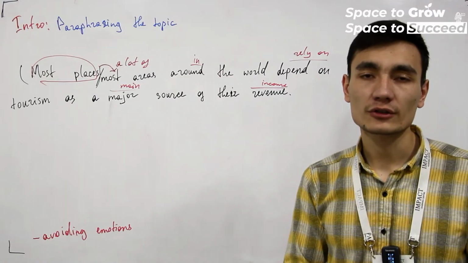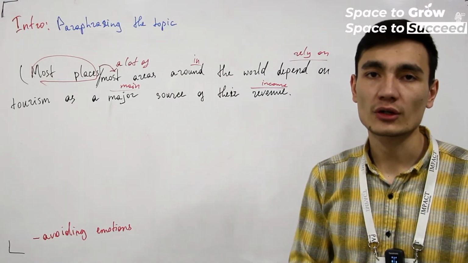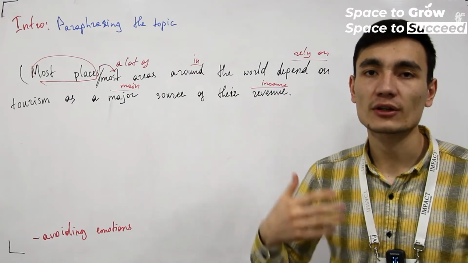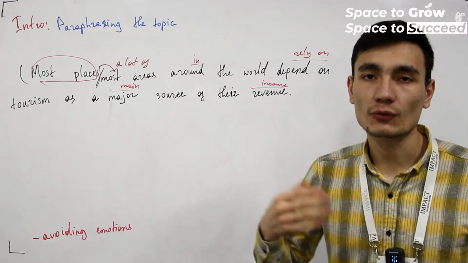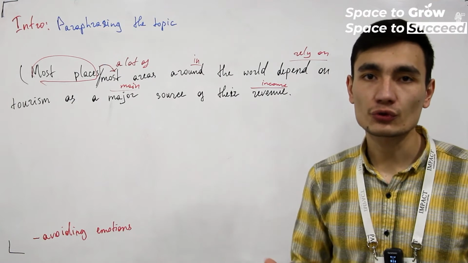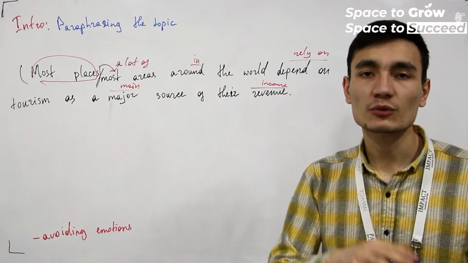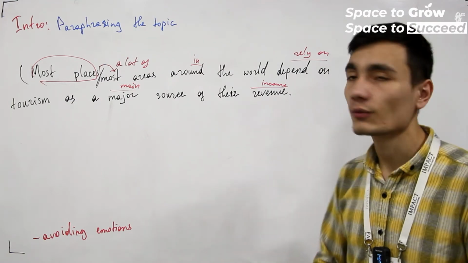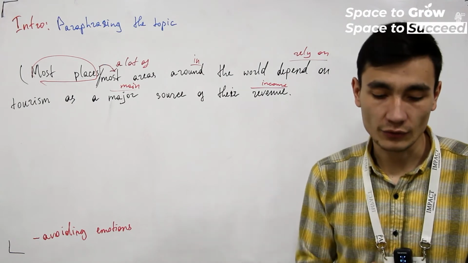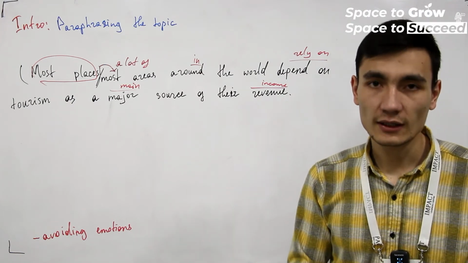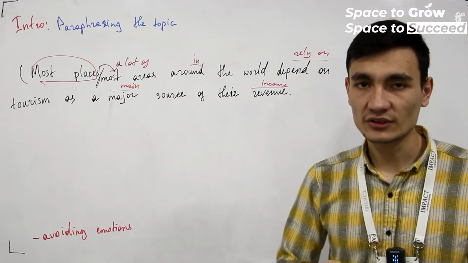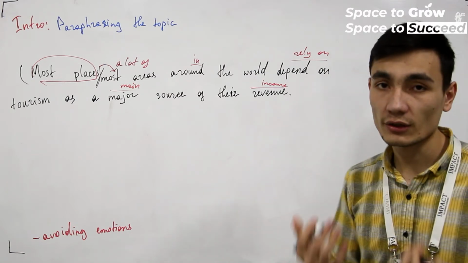Meaning that we have to avoid words that have emotional baggage, and use words that are neutral, that carry the same meaning without emotional baggage. So for example, instead of unfortunately, we can say however, nevertheless, but. So here we say however.